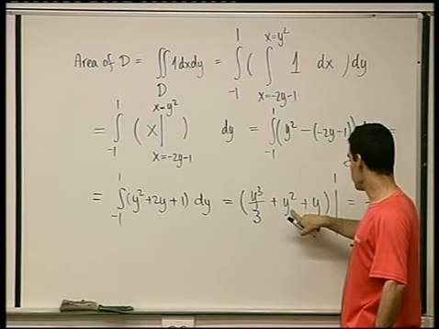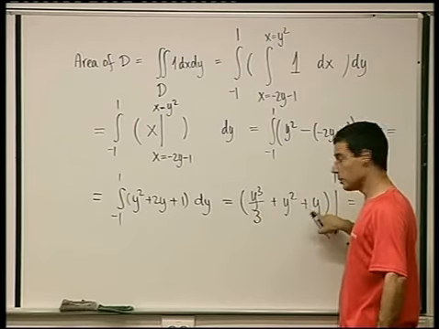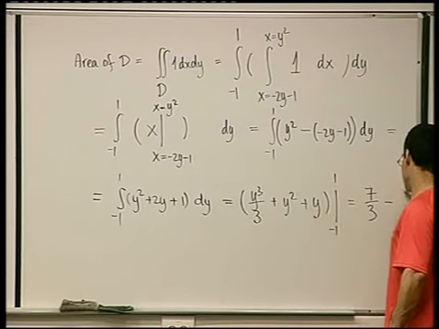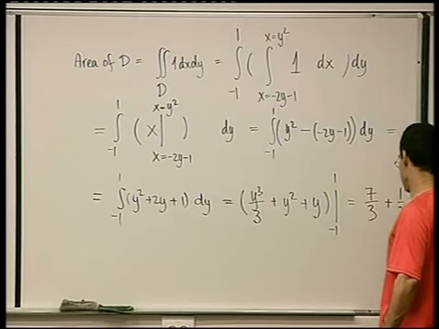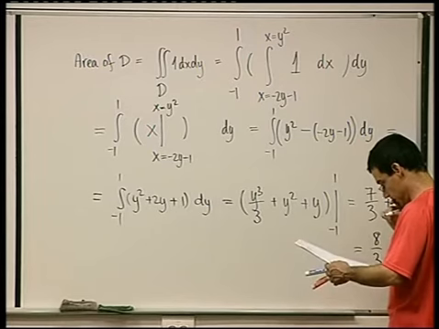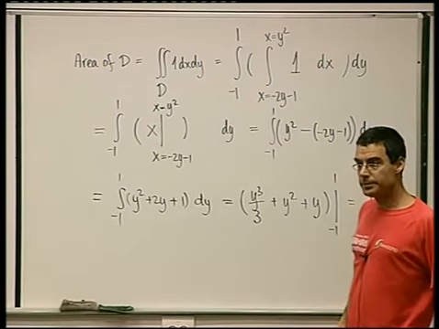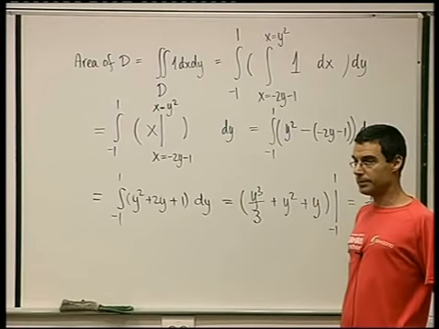So it's 2/3. No, sorry. Minus 1, so it's minus 1/3. Minus minus 1/3, so it's plus 1/3. And the total is 8 over 3. Is that true? Yeah. Good? Questions?